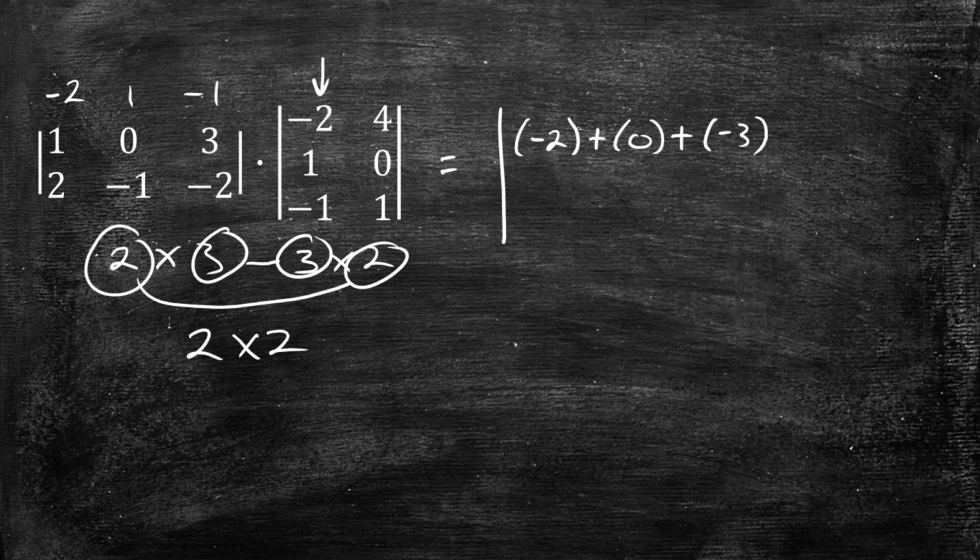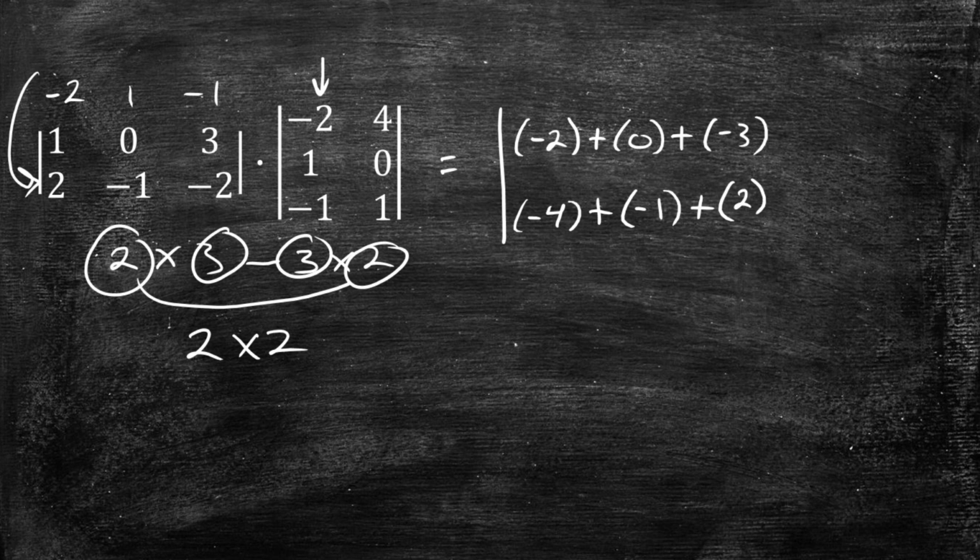Now we go ahead and we do it to the second row there. So -2 times 2 is -4 plus 1 times -1 is -1 plus -1 times -2 is 2.